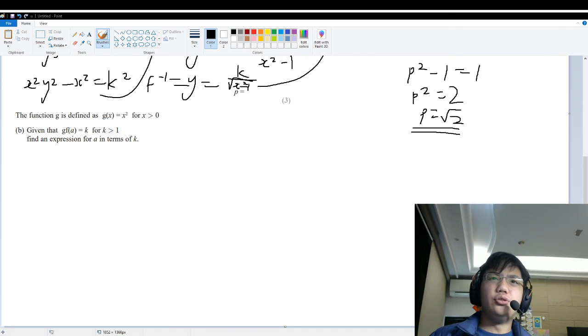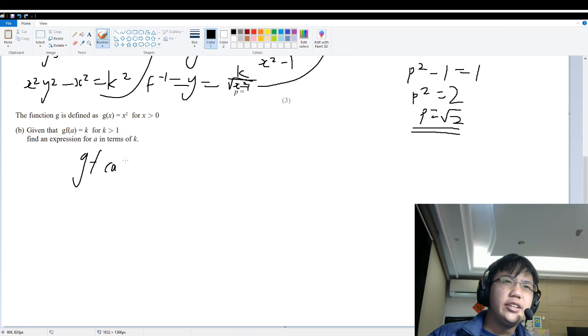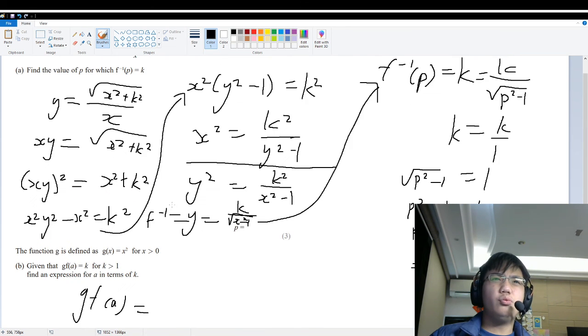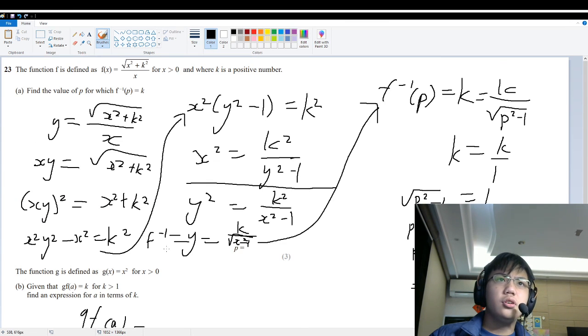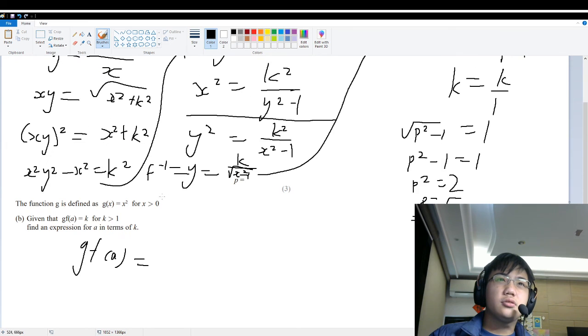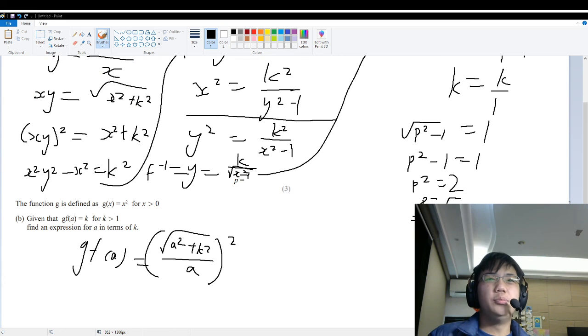So what we need to do in this last question is g of f of a, which is the function f with a, squared, as this is how composite functions work, and this equals k.